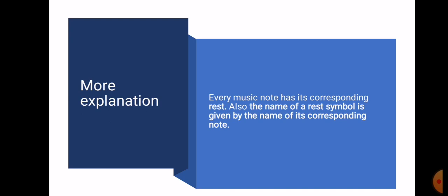It means that we'll have a whole rest or a semibreve rest, a half rest or a minim rest, a quarter rest or a crotchet rest, an 8th rest or a quaver rest, in that order. Also, the name of a rest symbol is given by the name of its corresponding note.